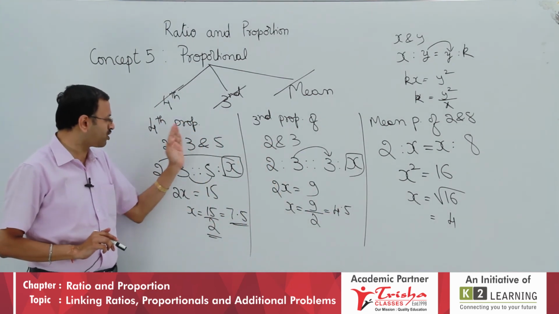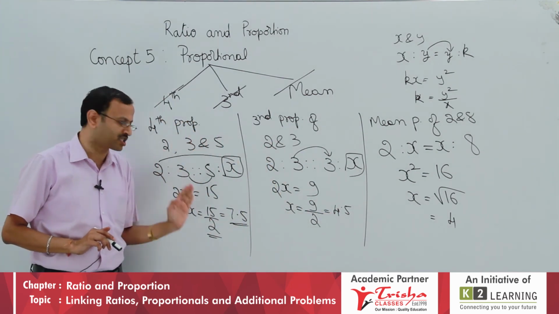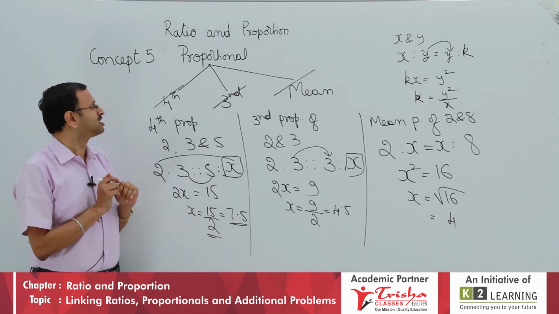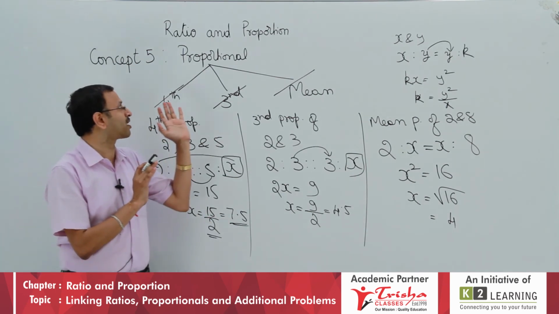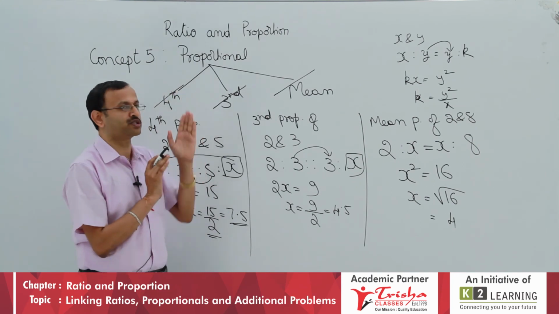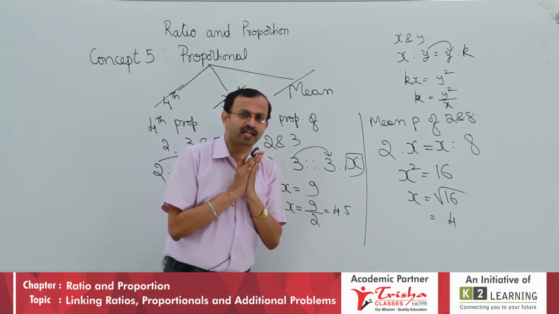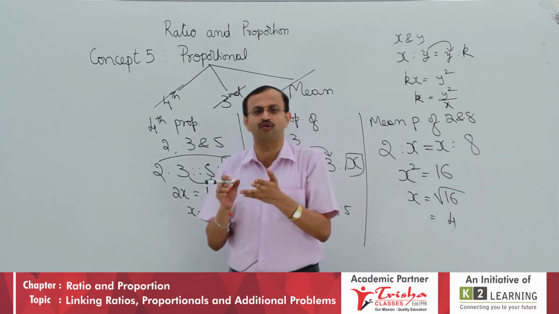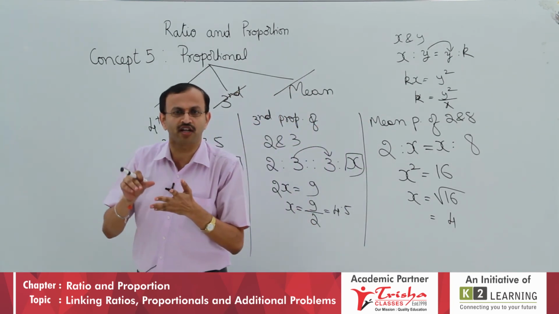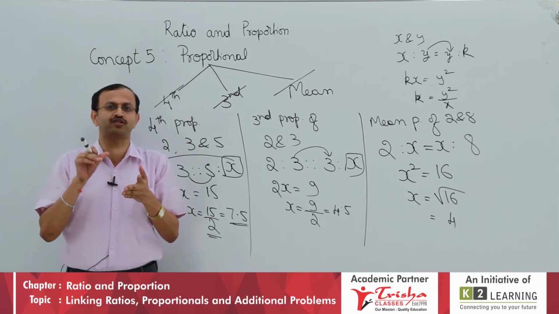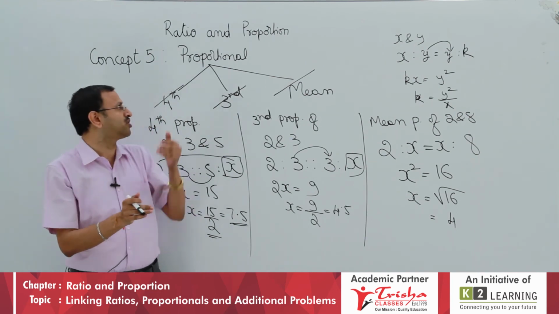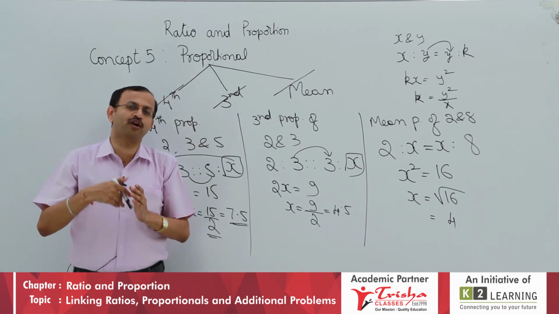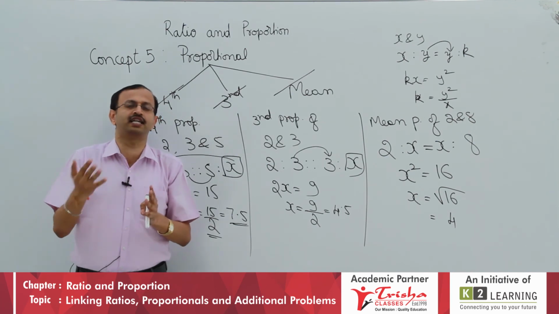Similarly, the fourth proportional of 2, 3 and 5 is 7.5. So that completes concept number 5, proportional. Meaning and definition we learnt. Moving a step ahead, we learnt about linking two ratios, duplicate and triplicate ratios, compound ratio, and proportional. Now we have to discuss direct and indirect proportion.